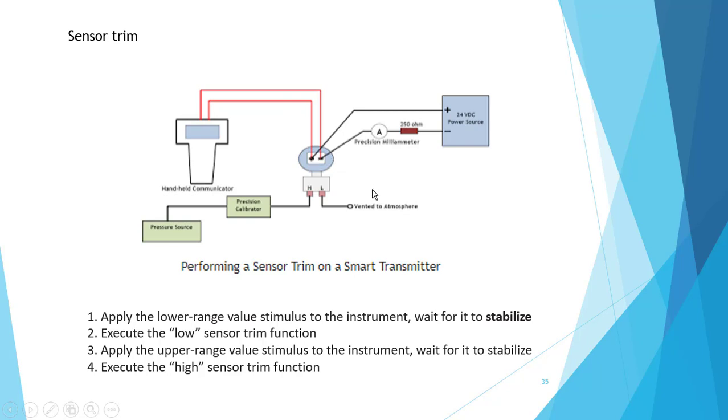Then apply the low range value stimulus to the instrumentation. Wait for it to stabilize. Then execute the low sensor trim function. Then apply the upper range value stimulus to the instrumentation, wait for it to stabilize, and execute the high sensor trim function. Okay, this is called sensor trim.